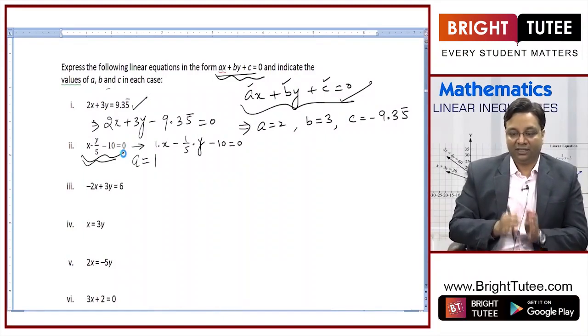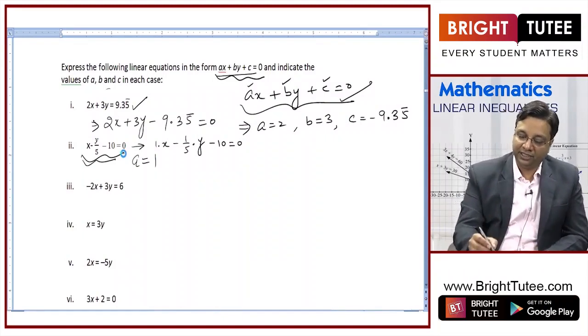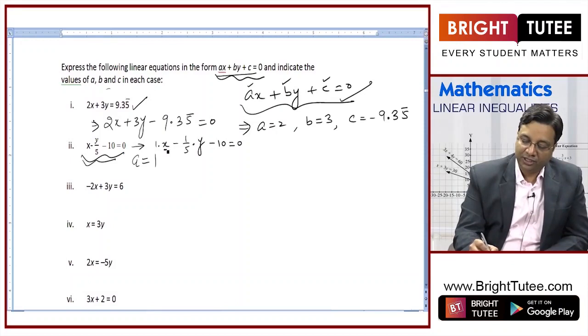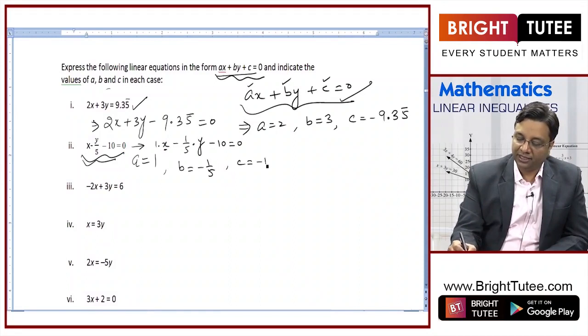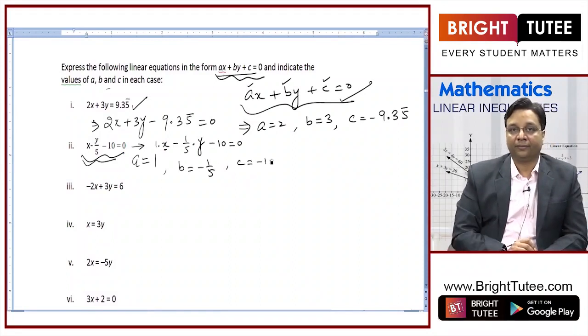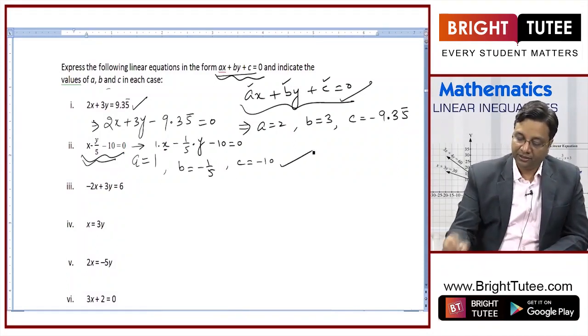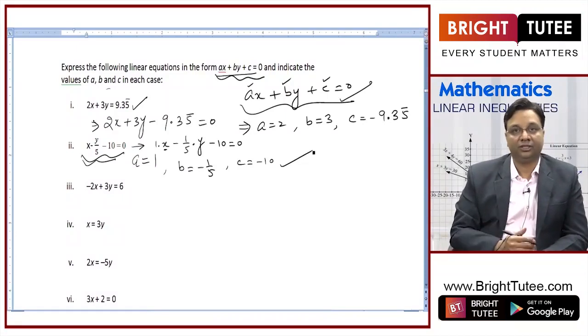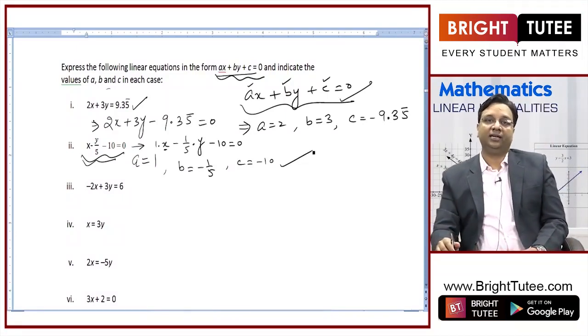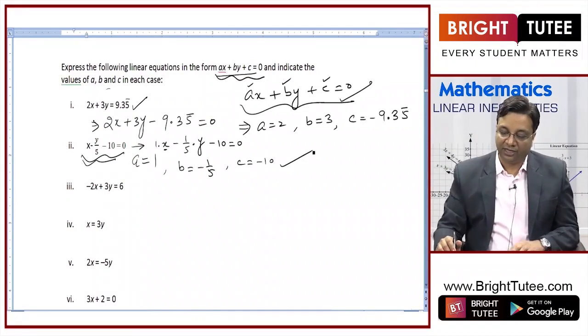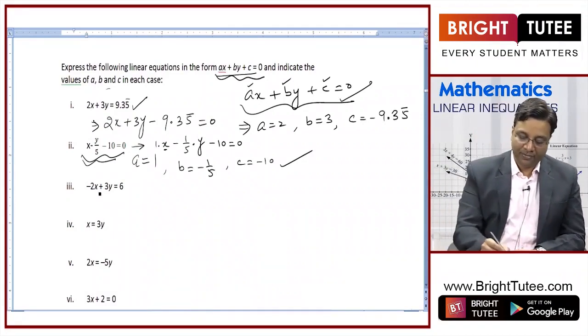We have written it in a different format where we can easily see that the coefficient of x is 1, the coefficient of y is negative 1 by 5 and the constant term is negative 10. So this is how we can write these equations in general form and compare the coefficients to find the values of a, b and c.